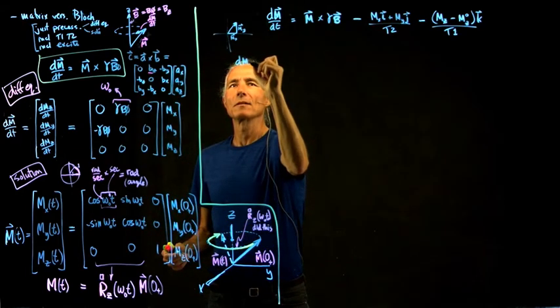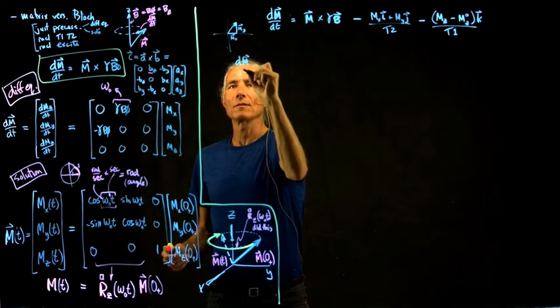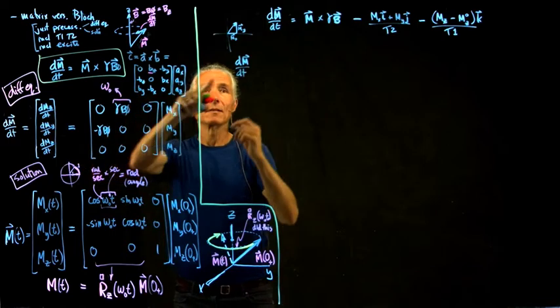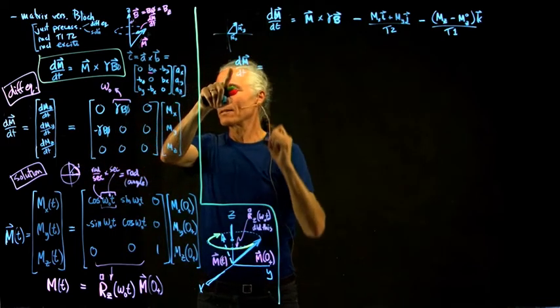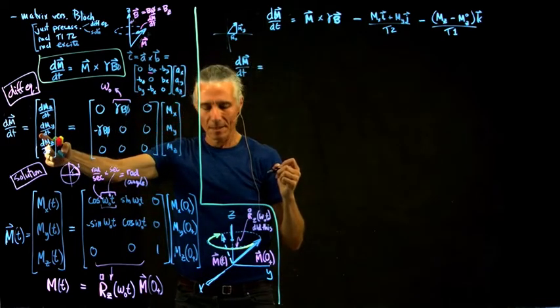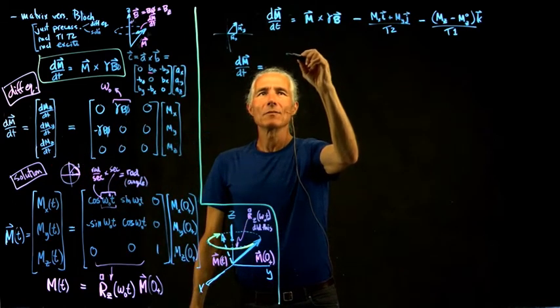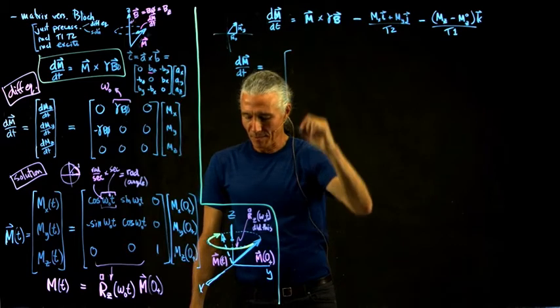So here's the same thing we did before. I won't write it out. It's just the x, y, and z components of the update vector. And now we've got some decay terms in there.